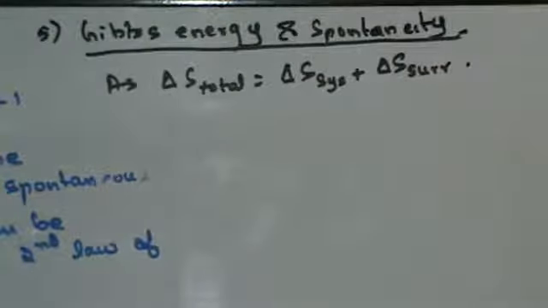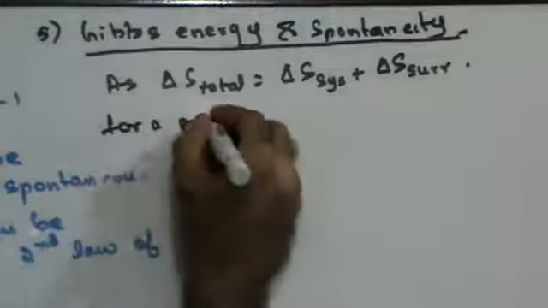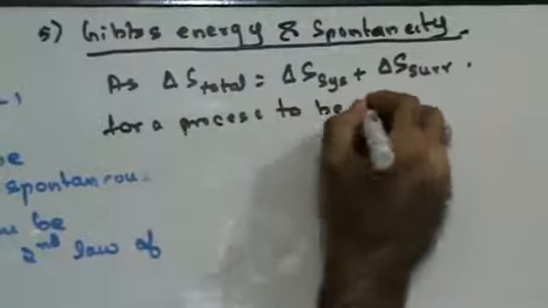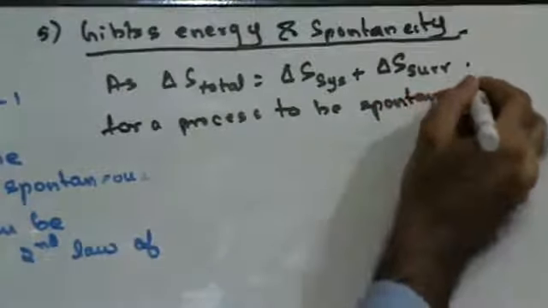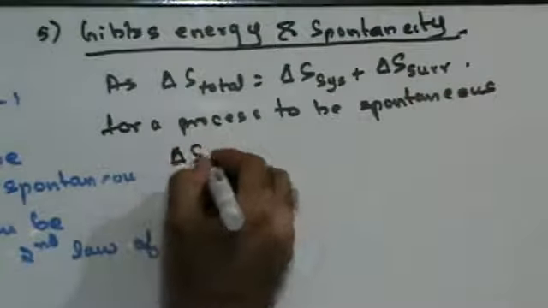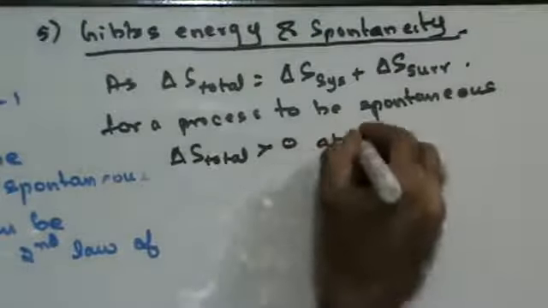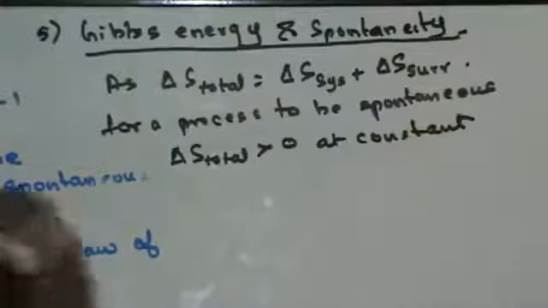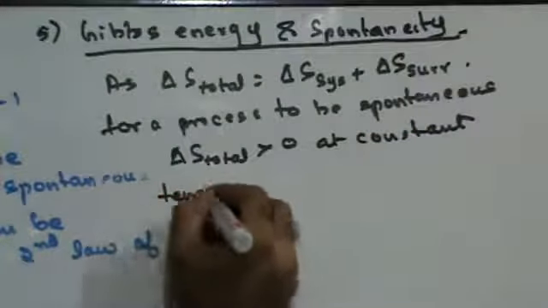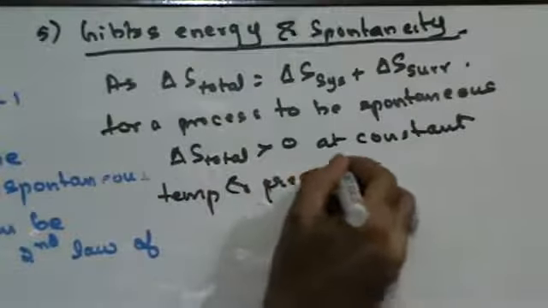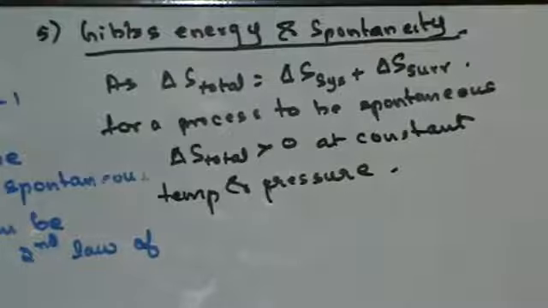Now, for a process to be spontaneous, the change in total entropy should be greater than 0 at constant temperature and pressure. Only when the total change in entropy is greater than 0 will the reaction be spontaneous. Now let's assume that delta H is the enthalpy change in the system.